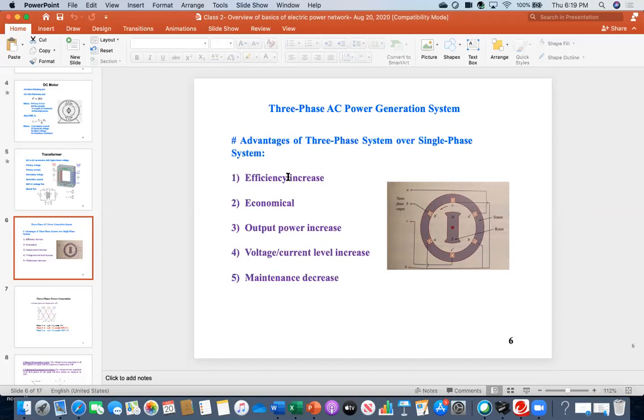Economical, and if efficiency increases, because you are getting 3 sets of output, definitely output power level, voltage level and current level increase. So these all are the motivation or the main features of having the 3-phase system versus the single phase system.